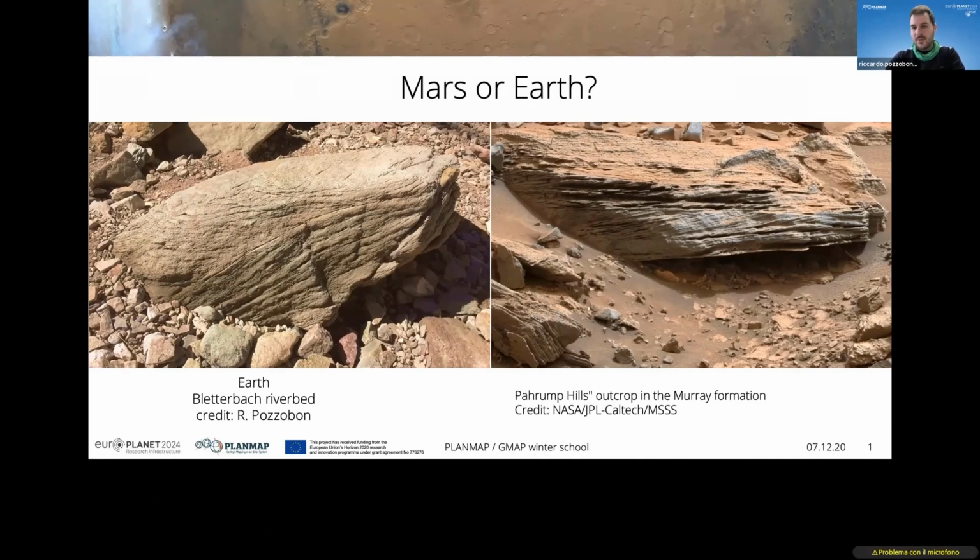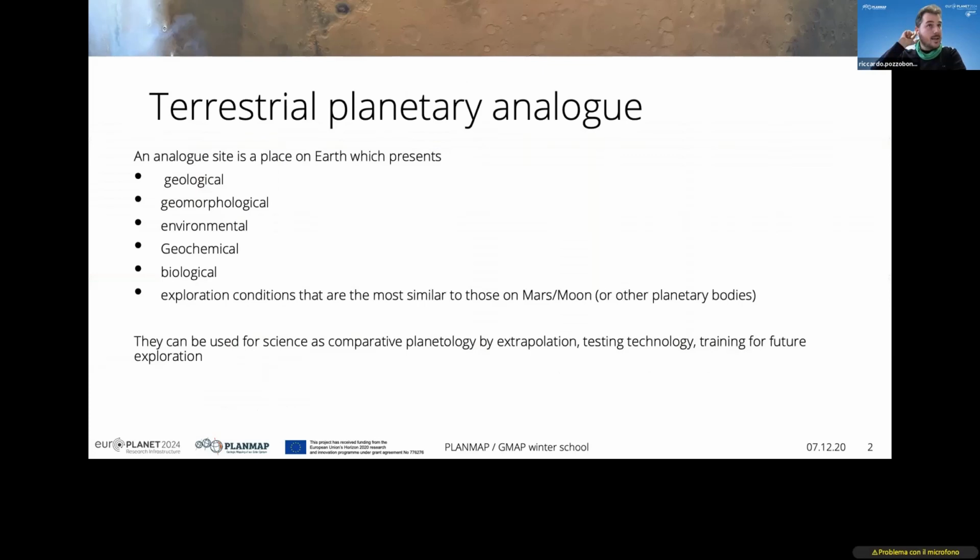So this time, as a first exercise, we are dealing with an analog site. And what is an analog site? An analog site is a place or a condition on Earth that presents analogy with what we expect to find on planetary bodies. It can adhere to different conditions.